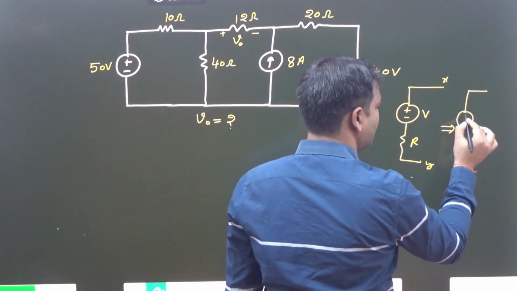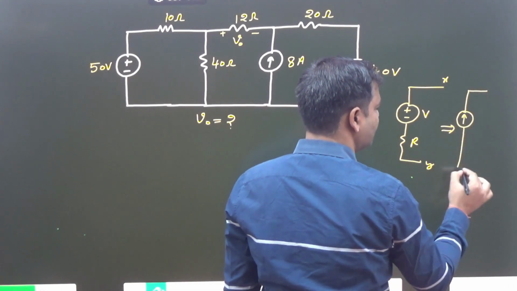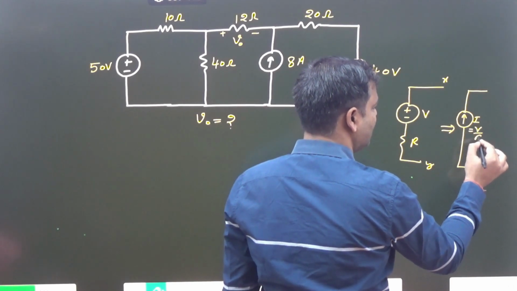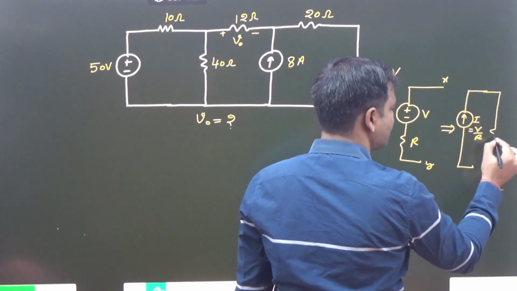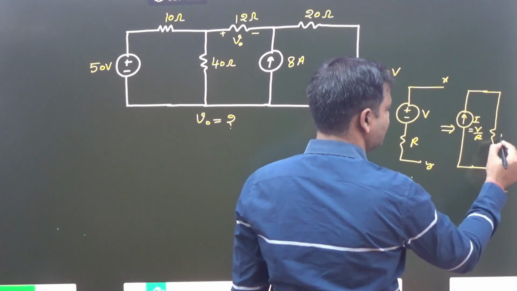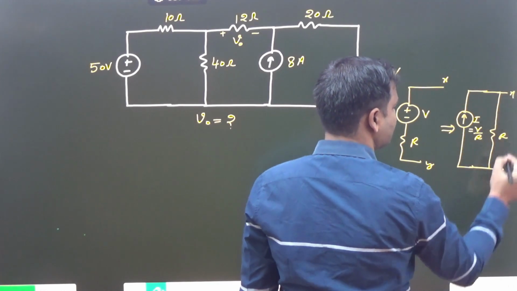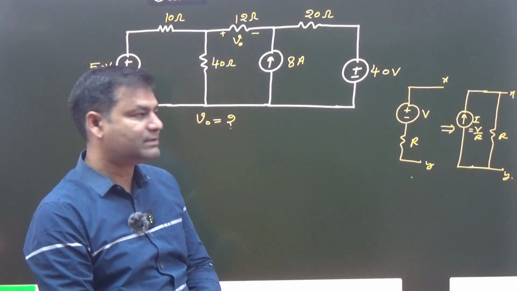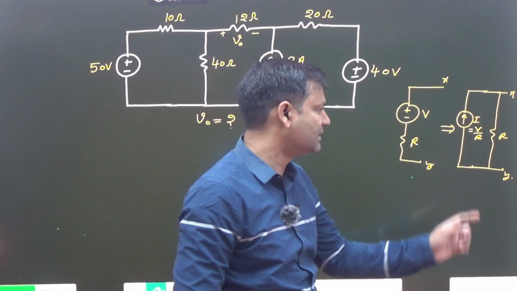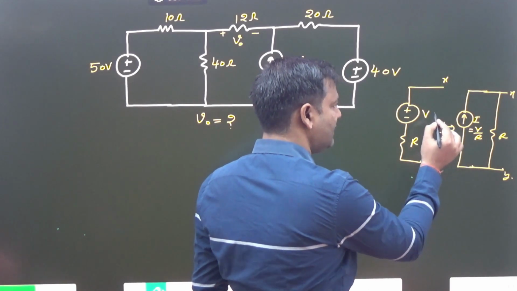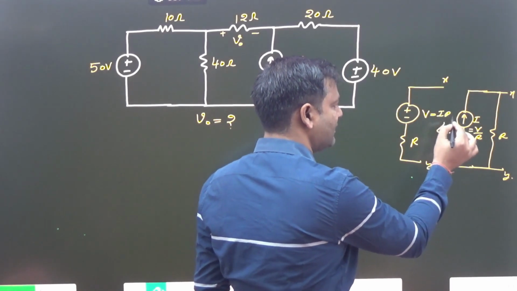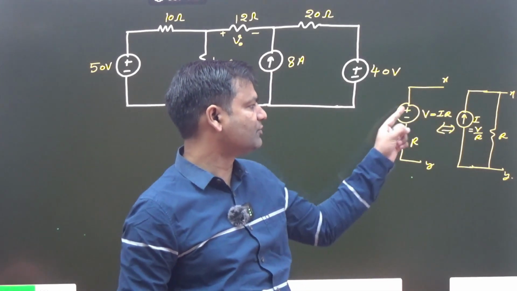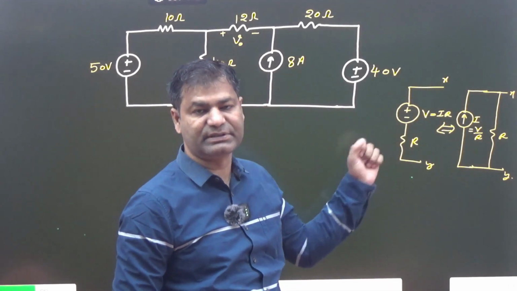So the current is represented like that, I, and I is basically V by R, with a parallel resistance, represented here, at terminals X and Y. Otherwise, if this one is given, then it is converted into V equals IR, and the polarity is decided by the current direction: upward, so this one is positive, this one is negative.